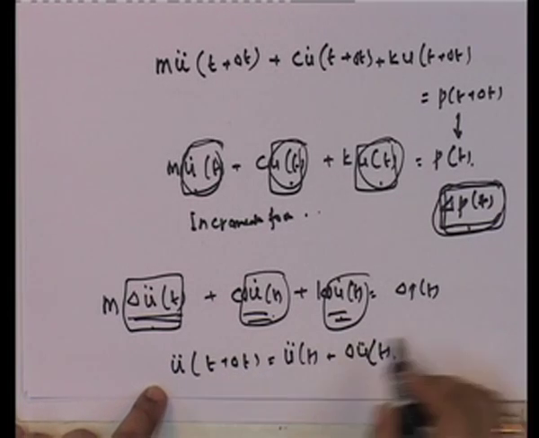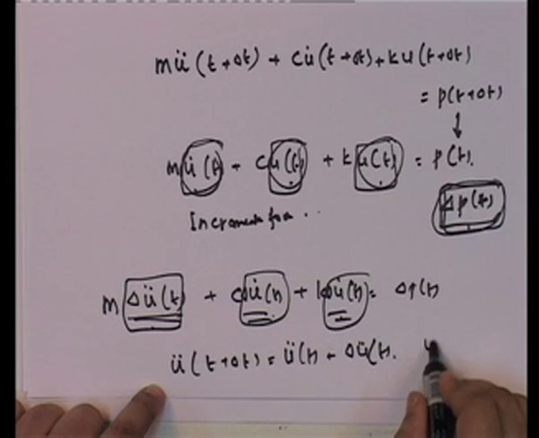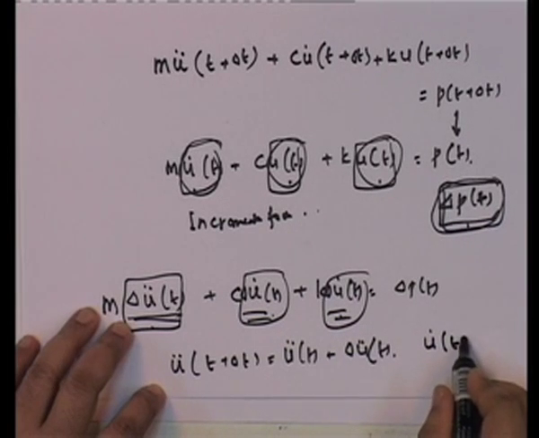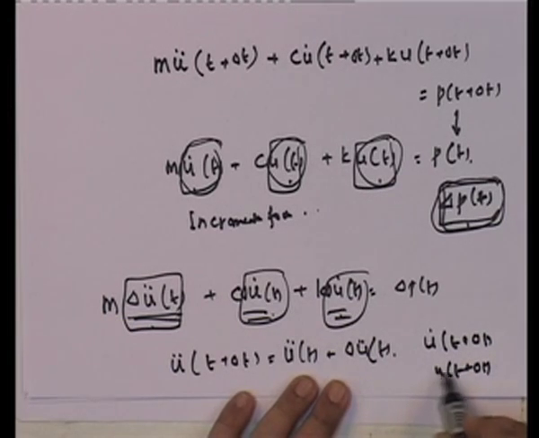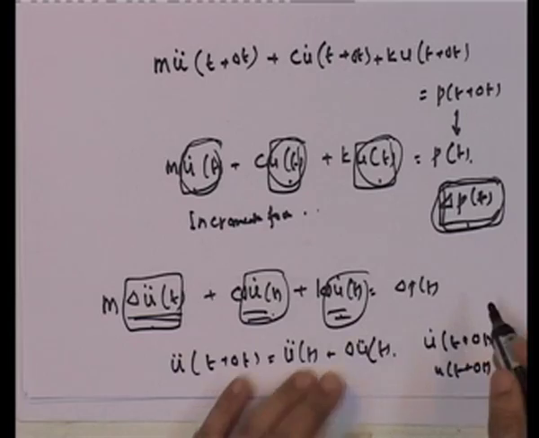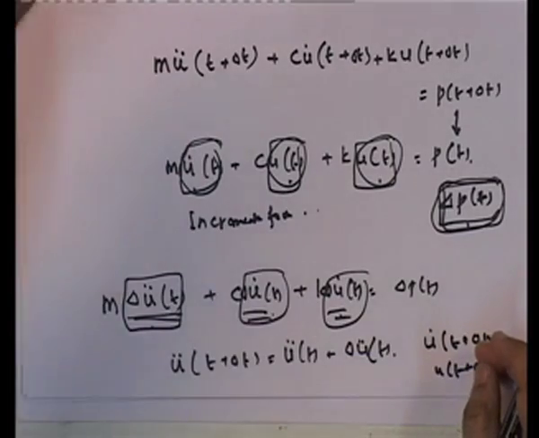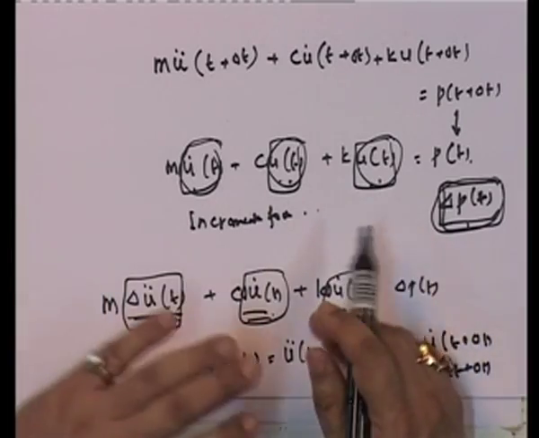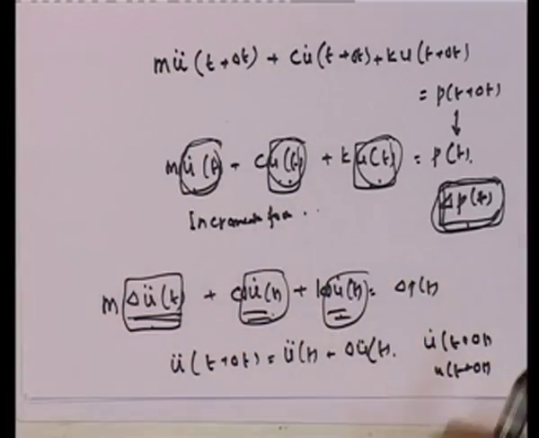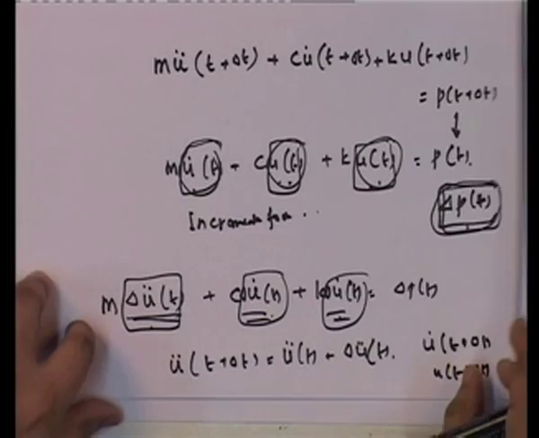Similarly, I can do for u dot, and I can do for u. Once I find out u at the next time step, now that becomes my initial time step. So, that becomes these, and I find out the next time. So, you understand how the whole procedure goes.